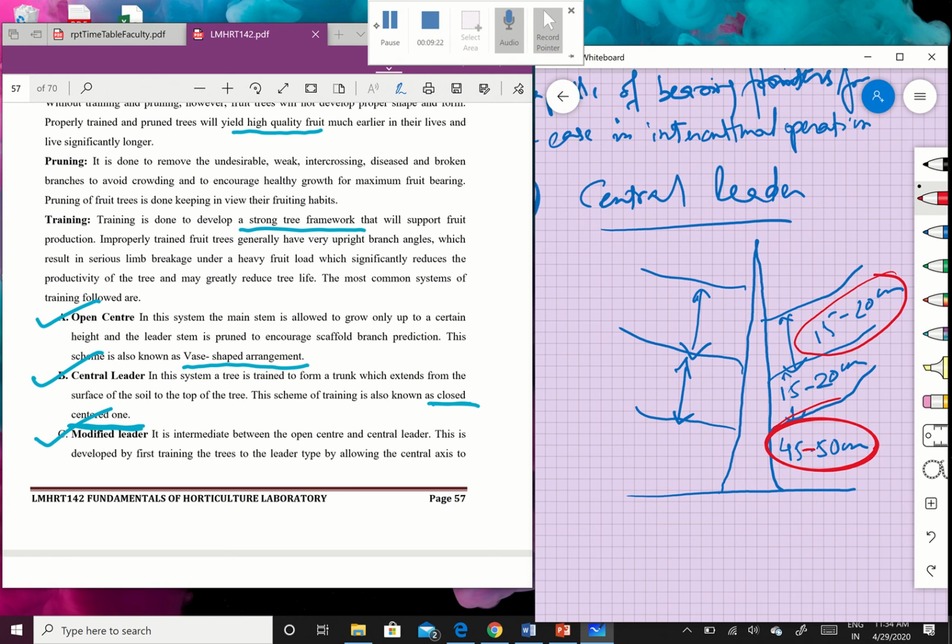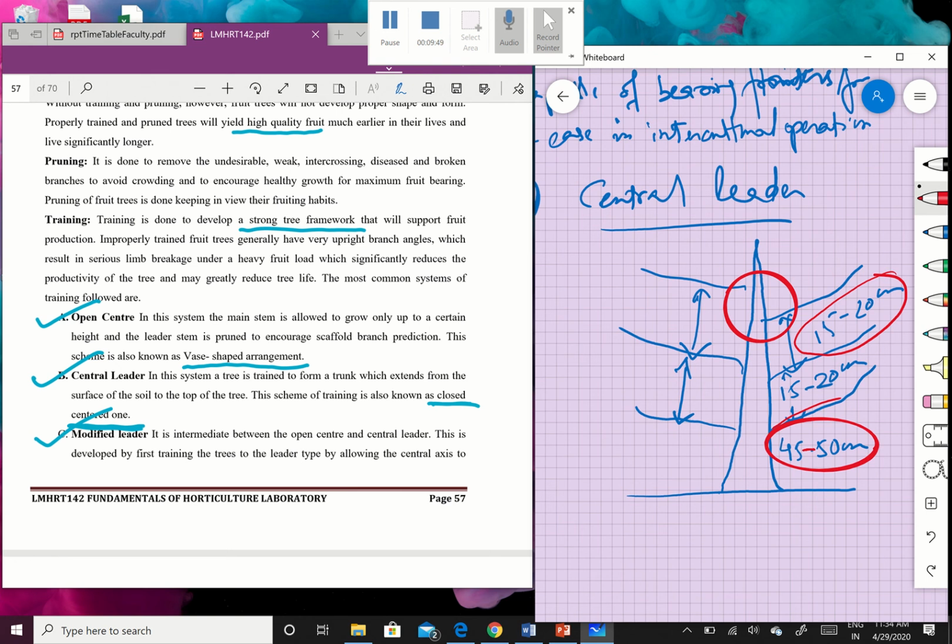So the lower branches will remain unproductive, and only the fruit or flower bearing will occur in the top branches. Also, because of its robust shape, it is more prone to high wind velocity. If there is high wind speed, there is a possibility of breakage of the tree. So these are the negative aspects.